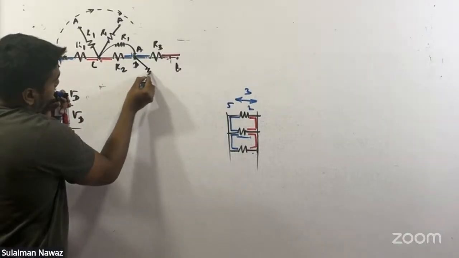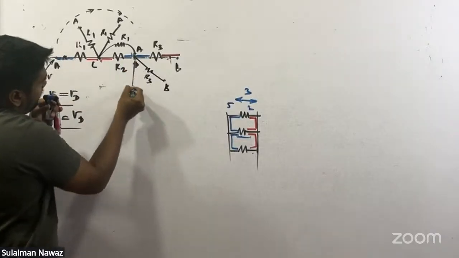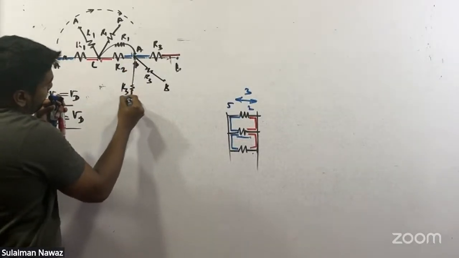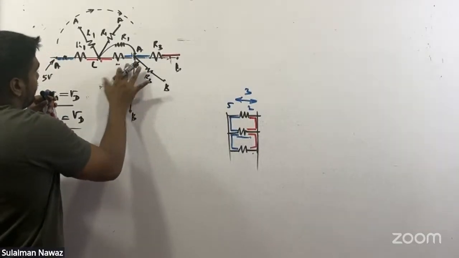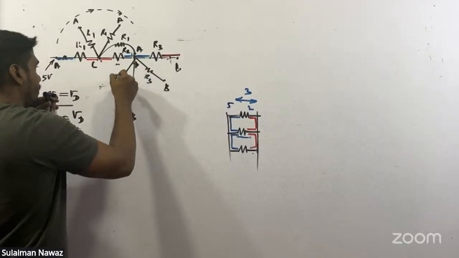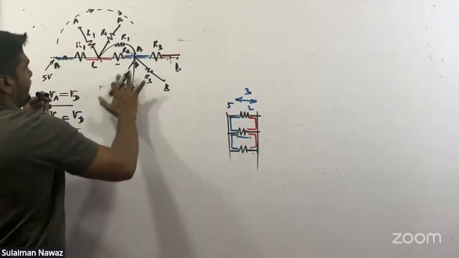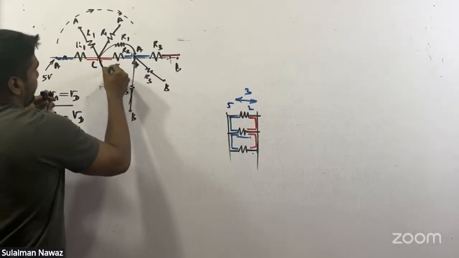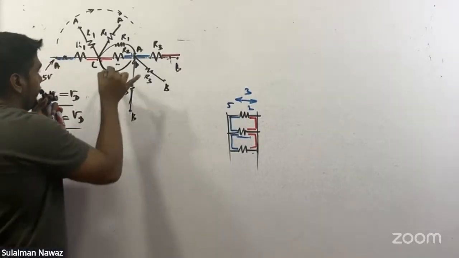Now R3, point B. Right? This is R2. R3, this point I'm connecting here. Finally, you understand? Now your point B is here.